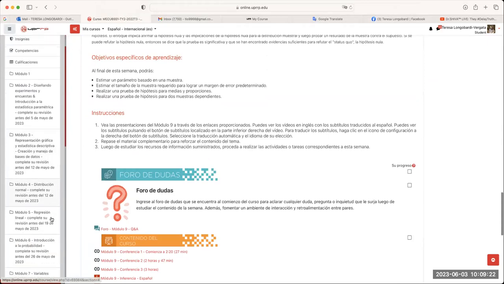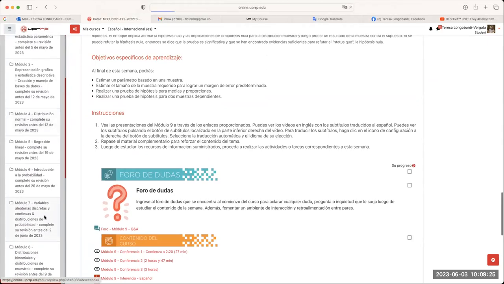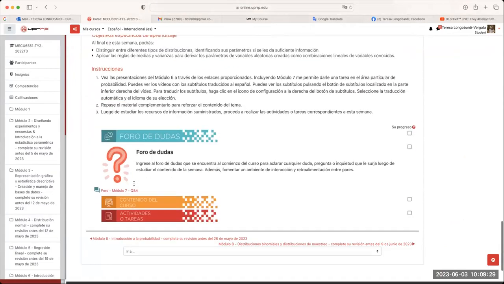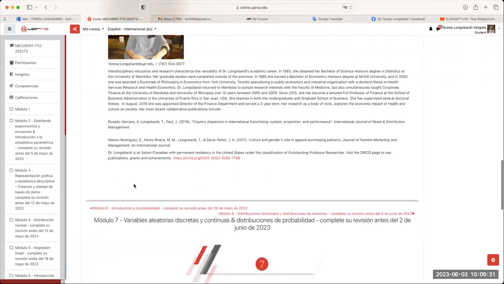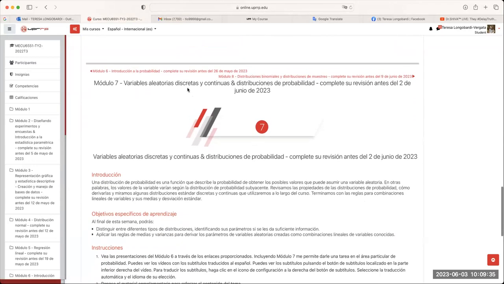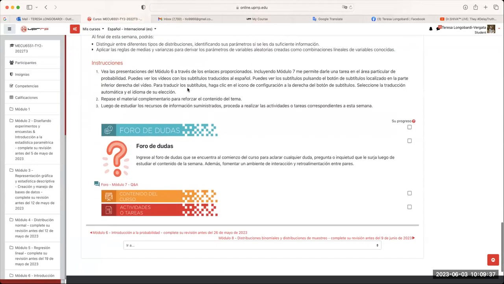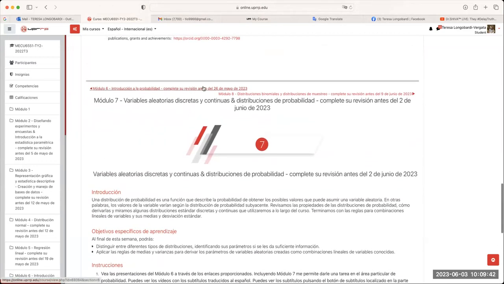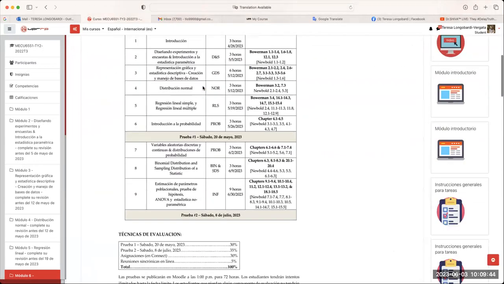All right, so I said I will see if there are any questions you have about the units. Unit 6 and 7 are using the same notes.